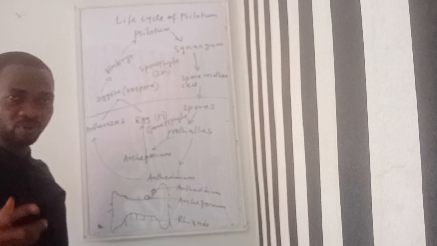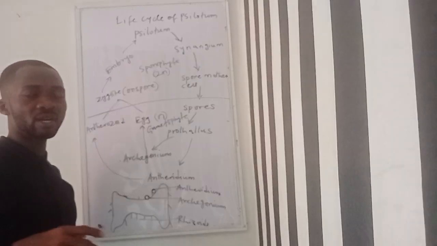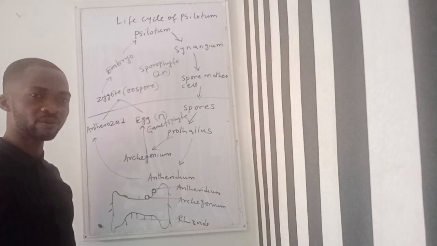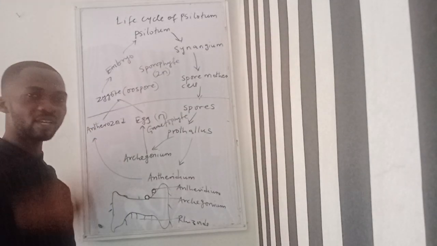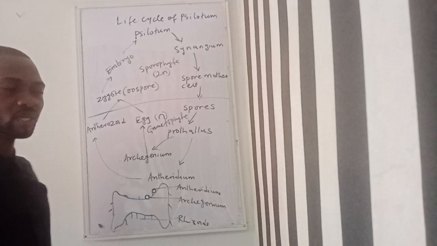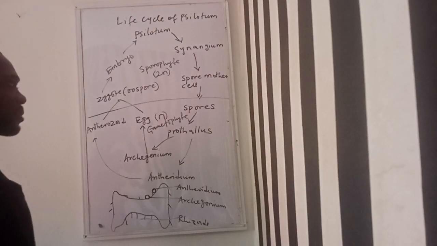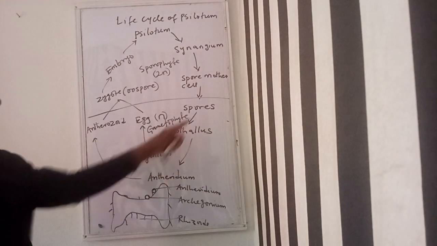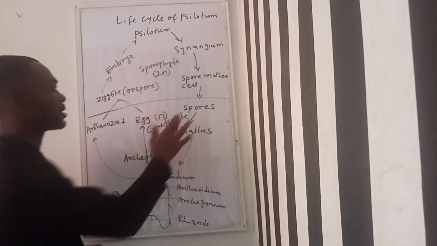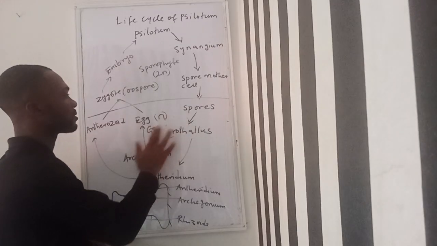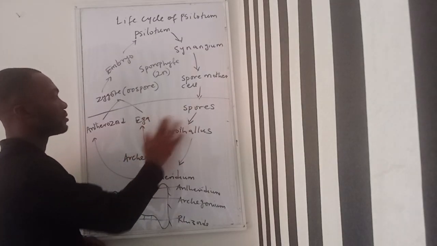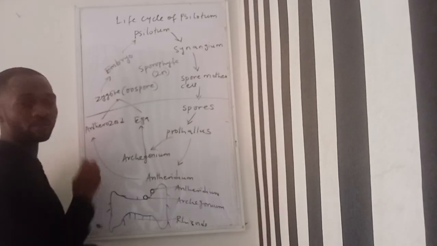But don't forget that the spores themselves are produced with the help of the spore mother cell. So every time you are writing the life cycle of a plant, you must include the spore mother cell before the spores are released. So these are the spores. Just know that the whole of this is gametophyte.